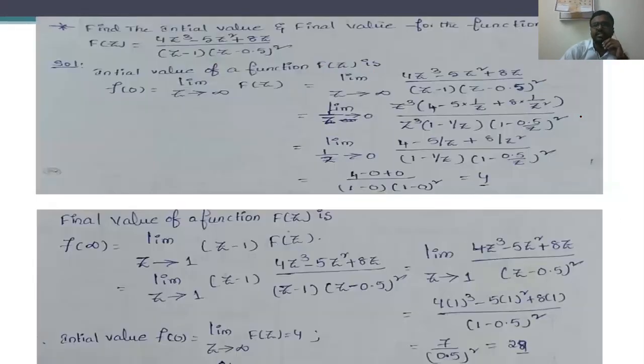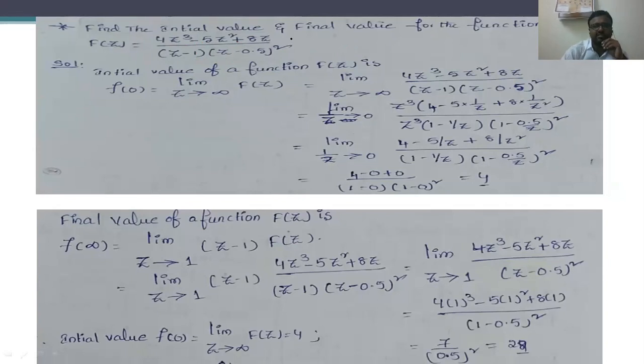Okay. So this is the statement of the problem. Find the initial value and final value for the function F of z equal to 4z cube minus 5z square plus 8z, whole divided by z minus 1 into z minus 0.5 whole square.